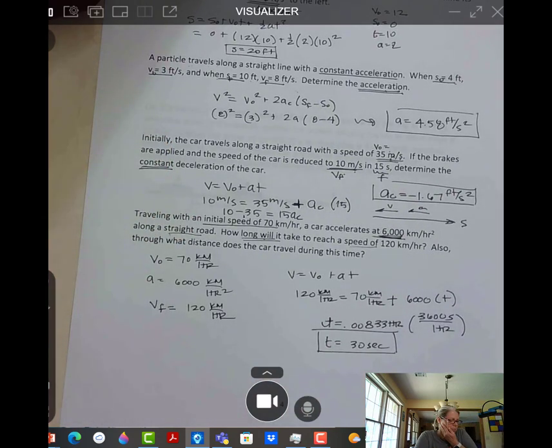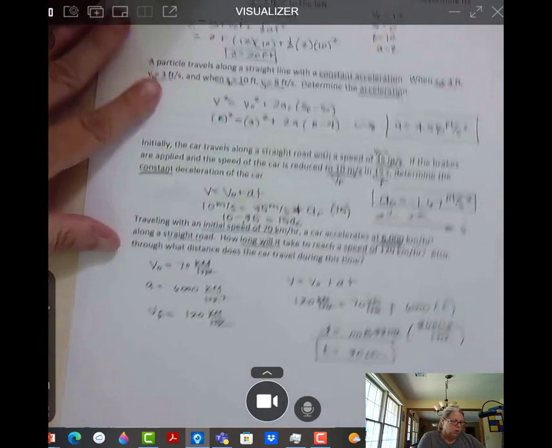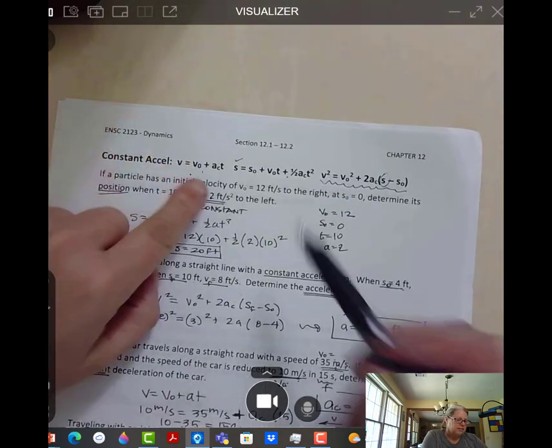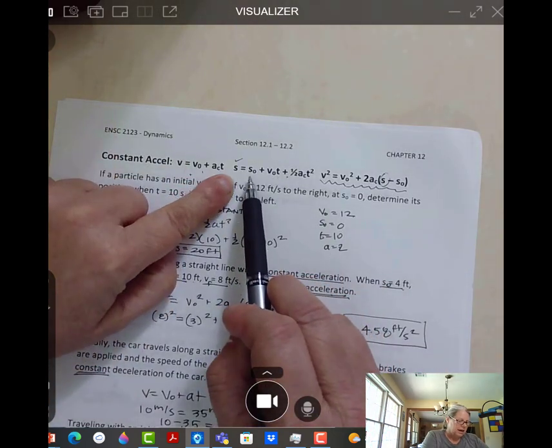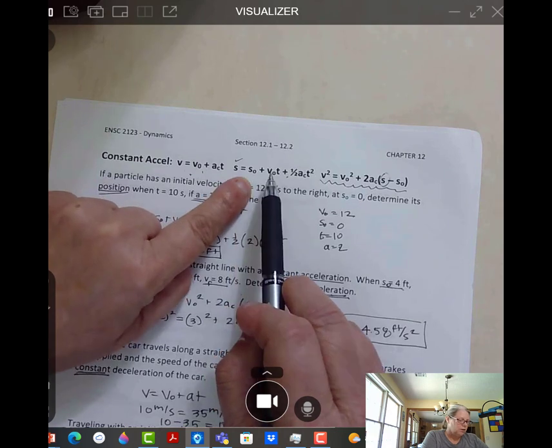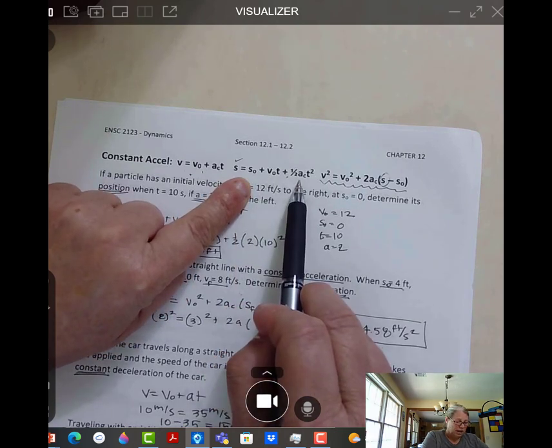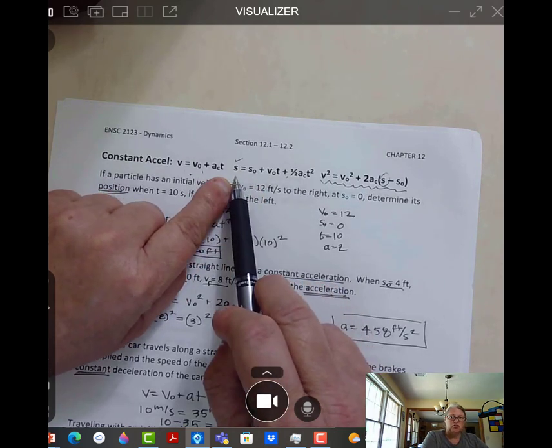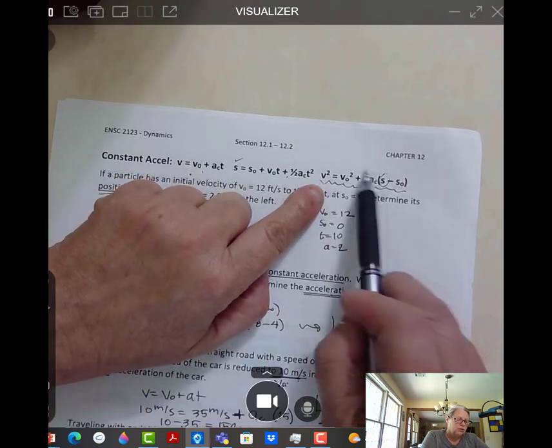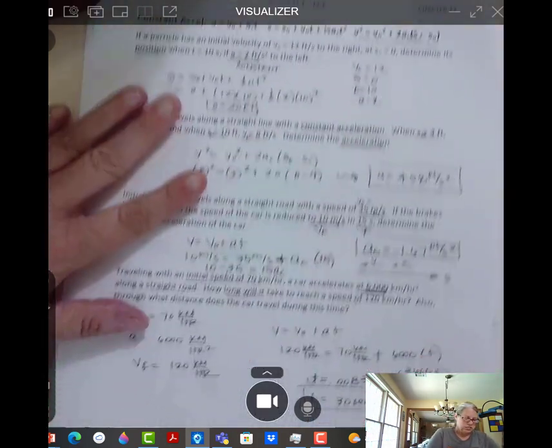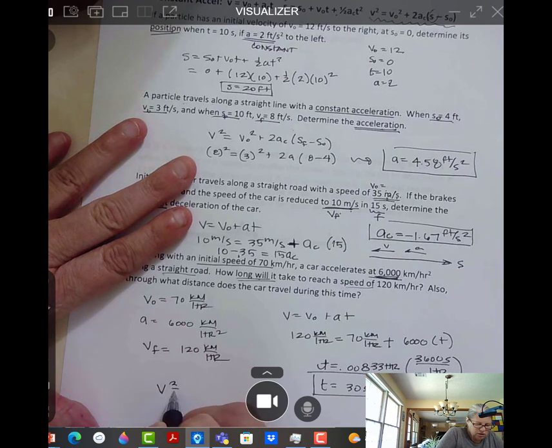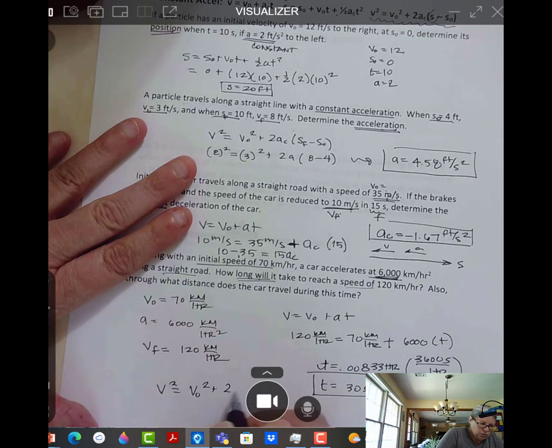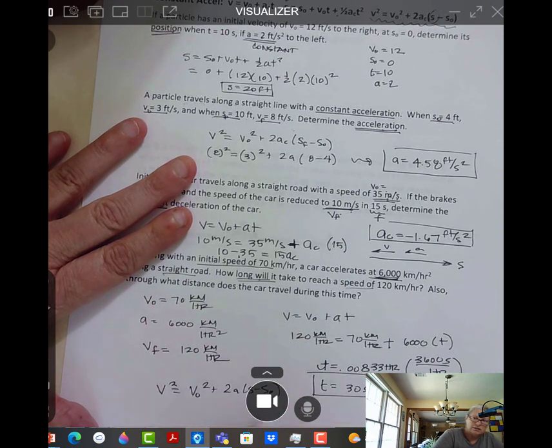Now we want to know that positional change. I have two ways to do this. I now know the time, and I know that I'm starting at 0. I know my initial velocity and my acceleration, so I could determine position that way, or I could use this equation: v squared equals v naught squared plus 2 a times s minus s naught.